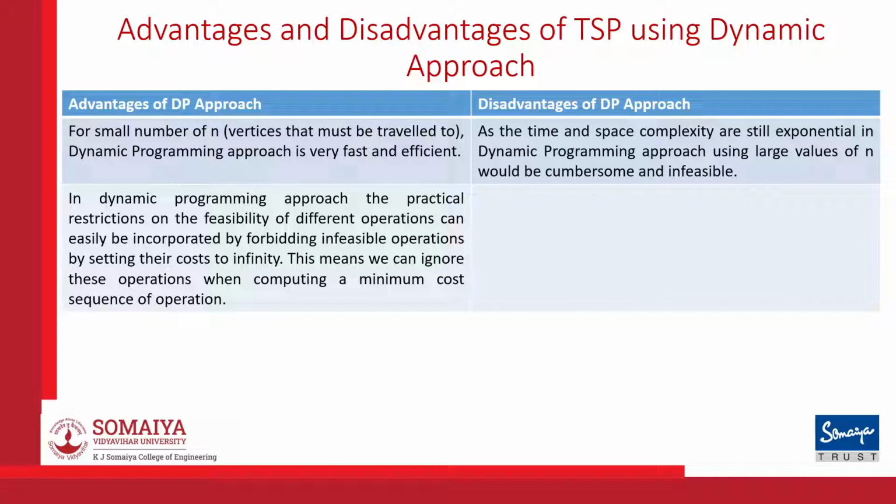And another advantage is that the practical restrictions on feasibility of different operations can be easily incorporated by forbidding the infeasible operations by setting their cost to infinity. This means that we can ignore these operations when computing a minimum cost sequence of operations.